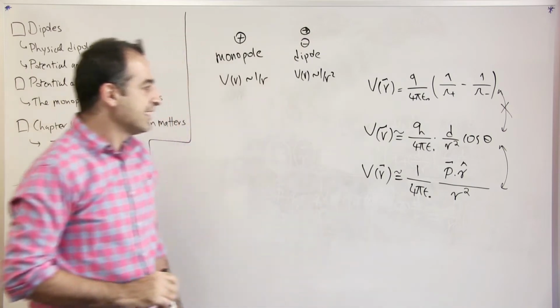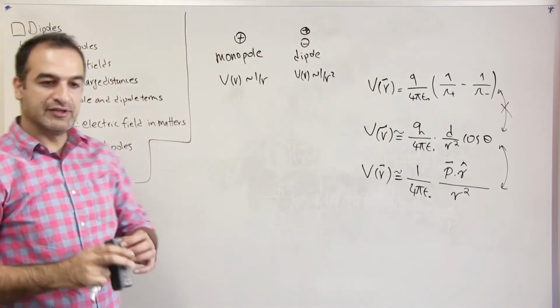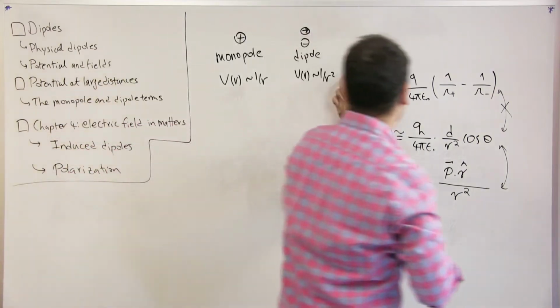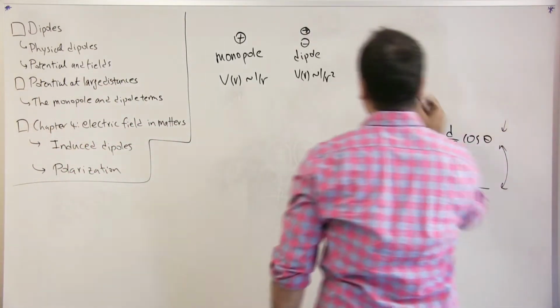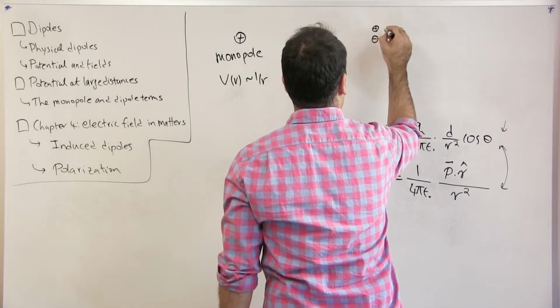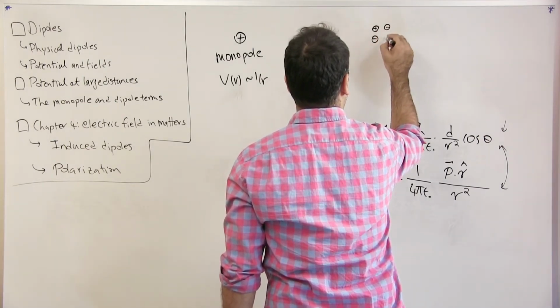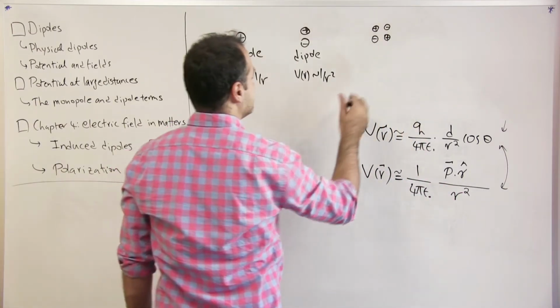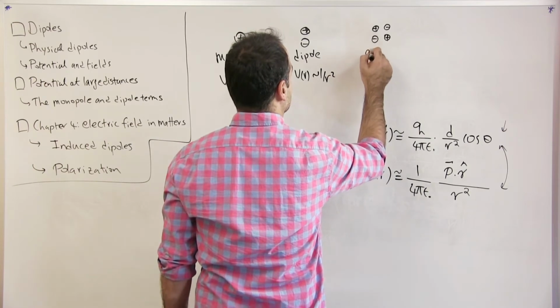And in fact, you can use two dipoles and put them next to each other upside down, and you can have a higher order system, and this is called a quadrupole.